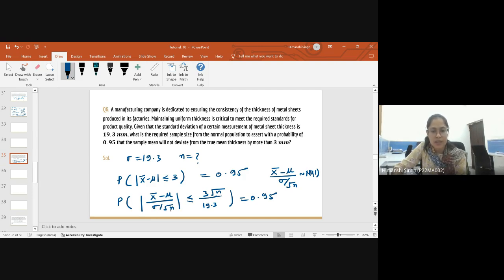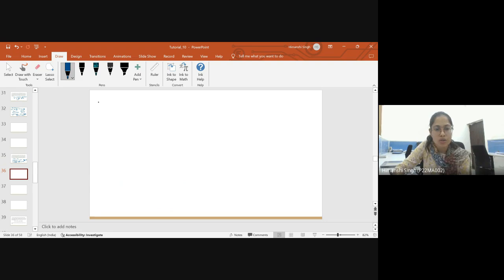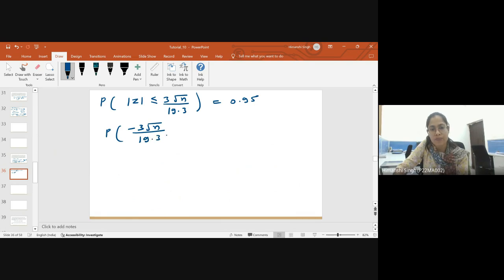So this is basically the standard normal z. So this is probability mod z less than or equal to 3 root n by 19.3, and this probability is 0.95. Now we can write it as probability of minus 3 root n by 19.3 less than or equal to z less than or equal to 3 root n by 19.3, which is 0.95.